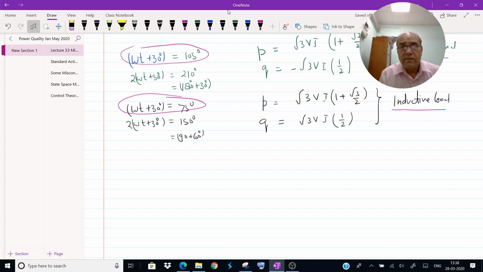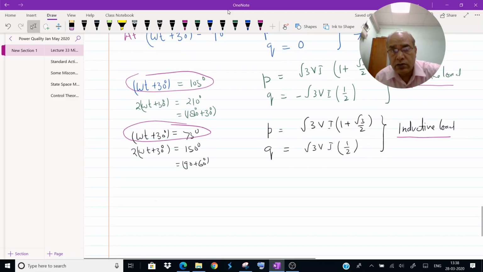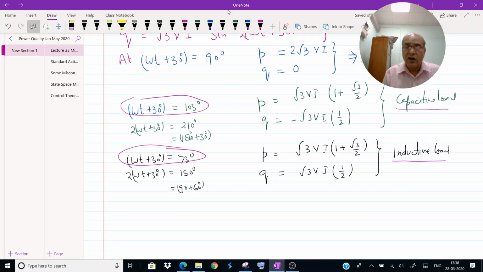However, we can also conclude that it is not possible to define the property of the load or power phenomena by observing the instantaneous quantities.